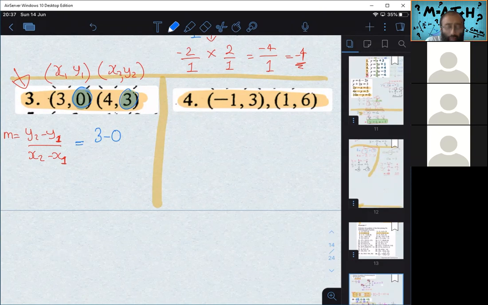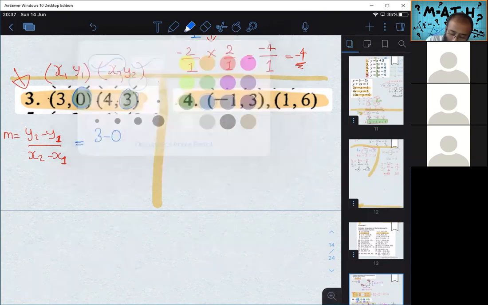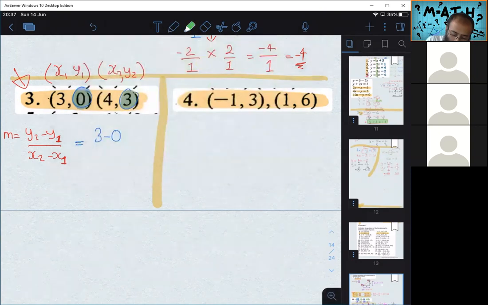What's my x2 value? 4 take away 3. So what's 3 take away nothing? 3. And what's 4 take away 3? 1. And what's the final gradient answer? So what's 3 divided by 1? 3. Fantastic. Done.